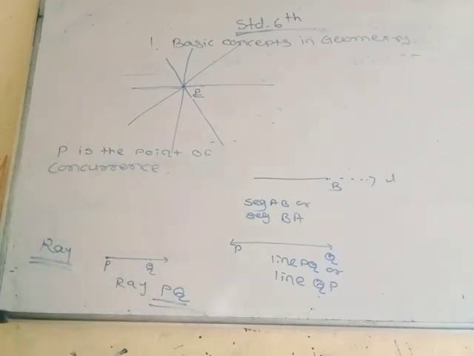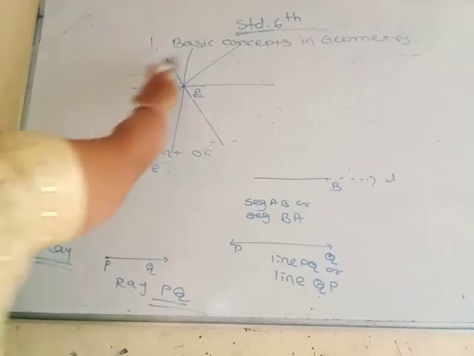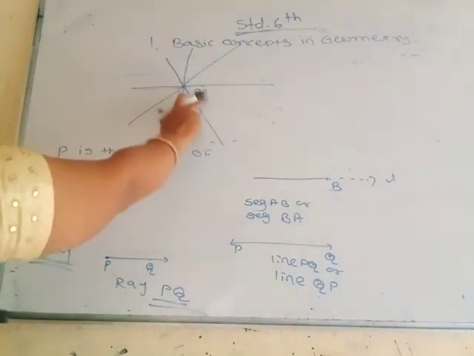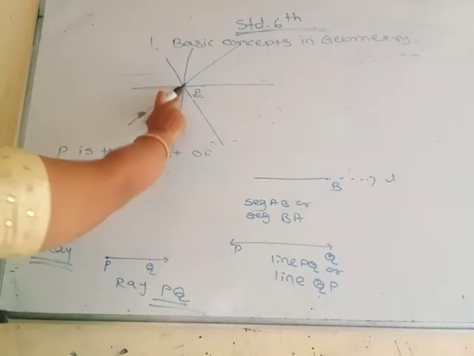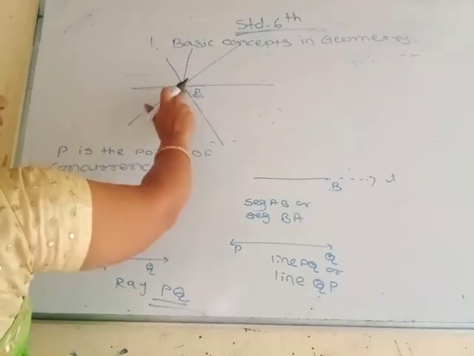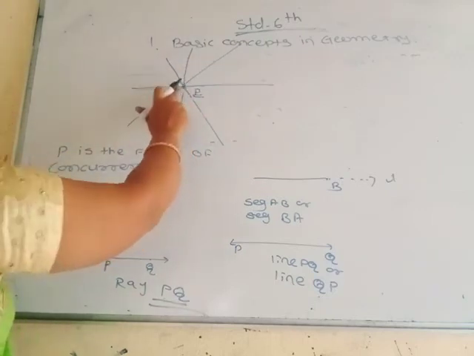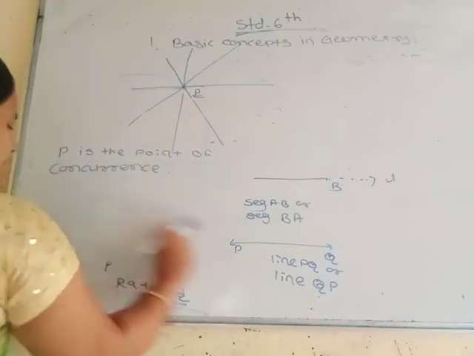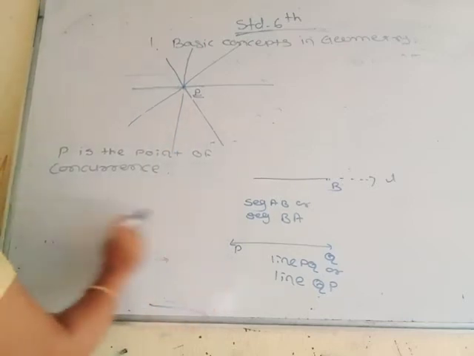Concurrent lines: when three or more lines pass through the same point, they are called concurrent lines.